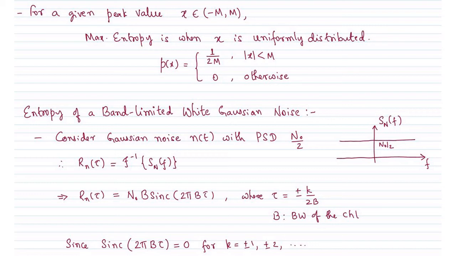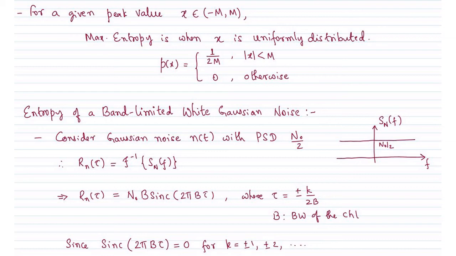So this is one case. Another case is defining the entropy of band limited white Gaussian noise. The result of this will also help us in defining channel capacity.